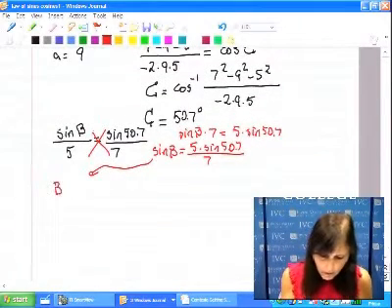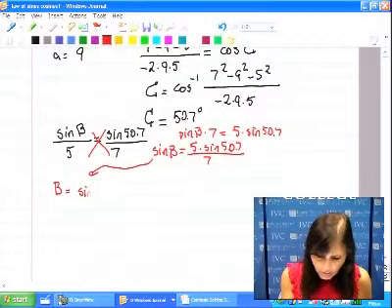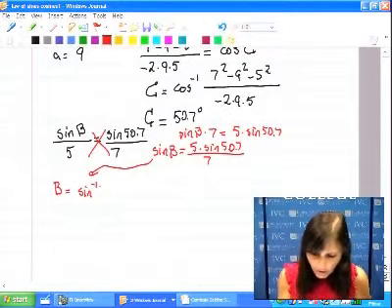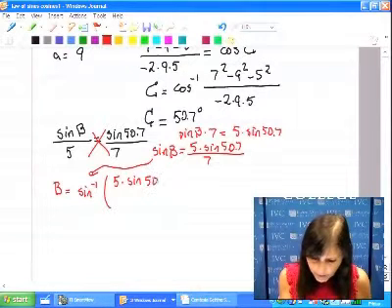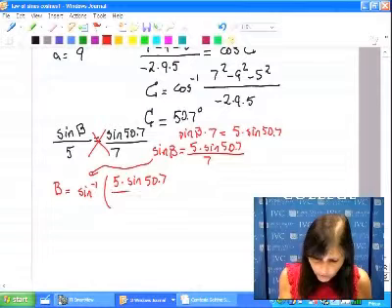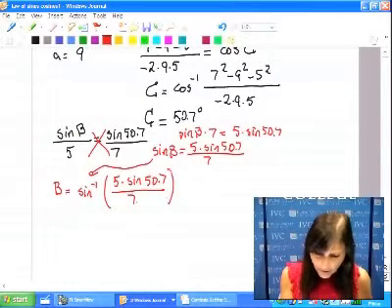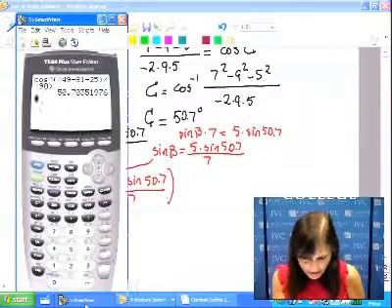So B is going to be sine inverse of 5 times sine of 50.7 over 7. Well, let's go get that.